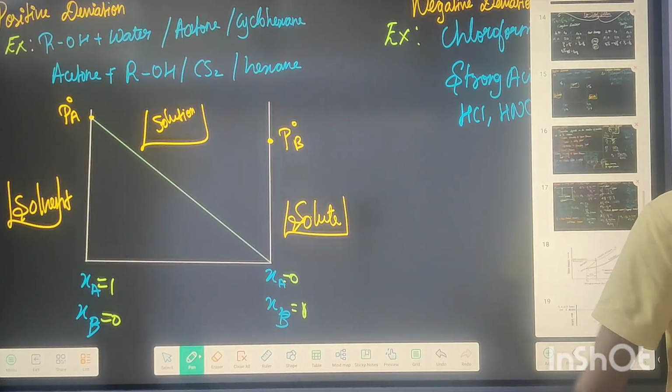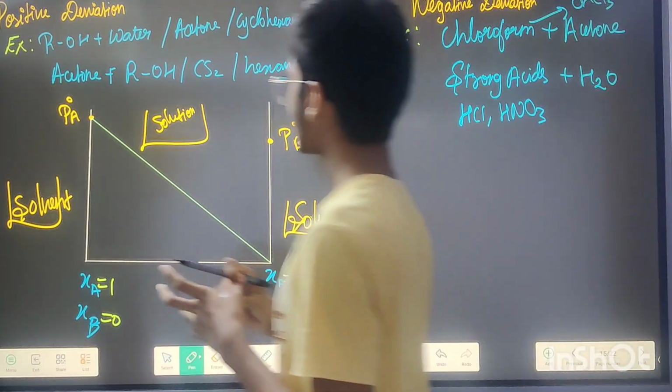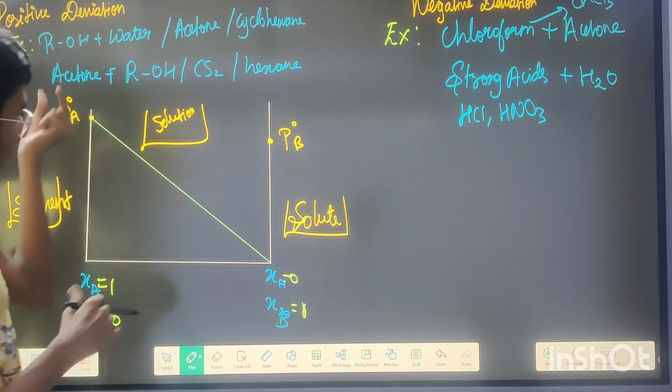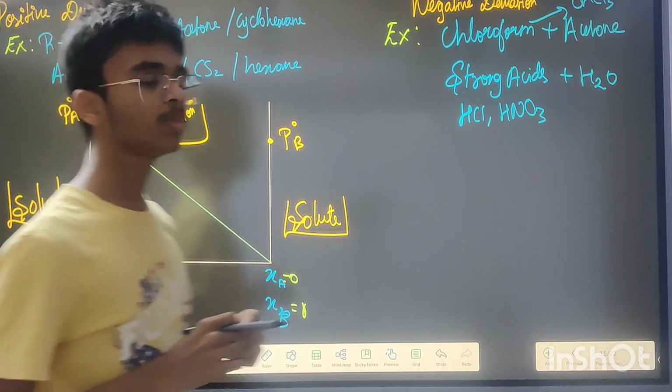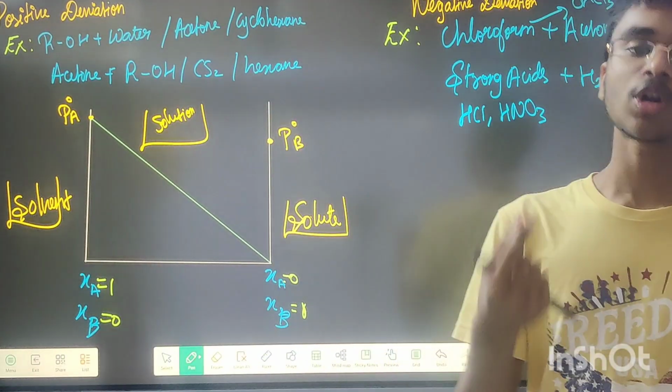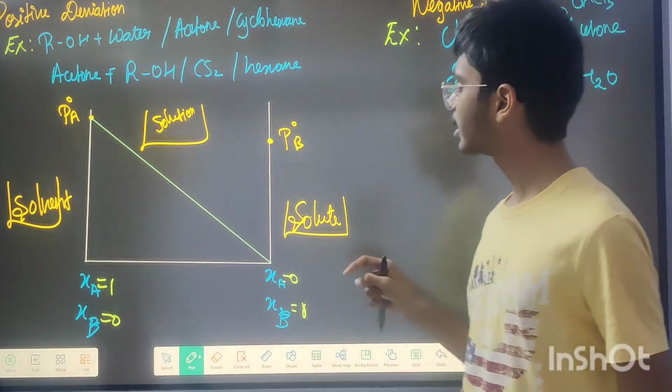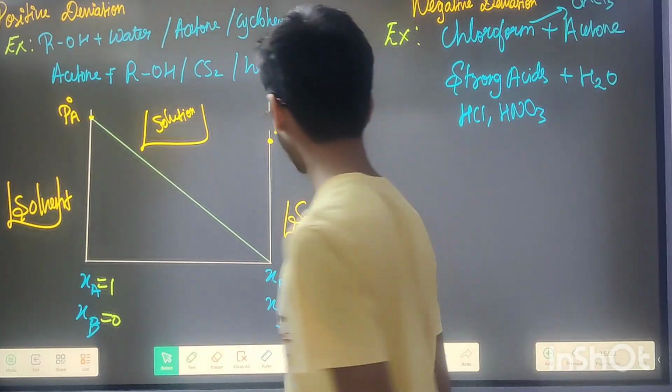Now I will take this one a little bit higher and this one a little bit lesser, because the solute will actually be a little bit more non-volatile. So this I will be taking less itself.